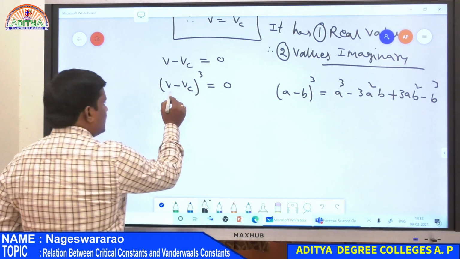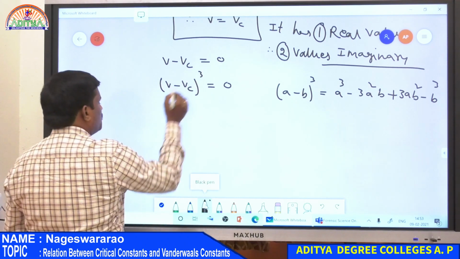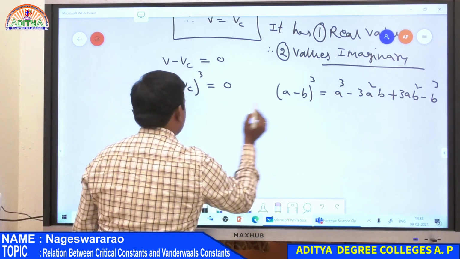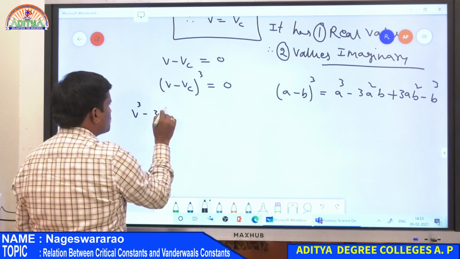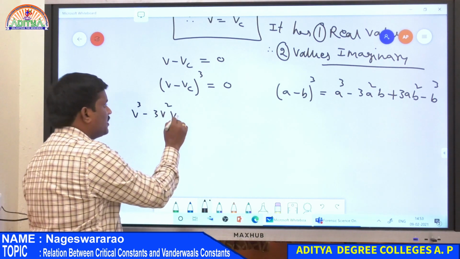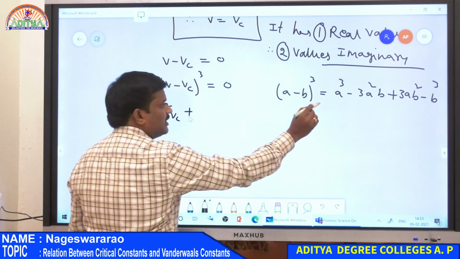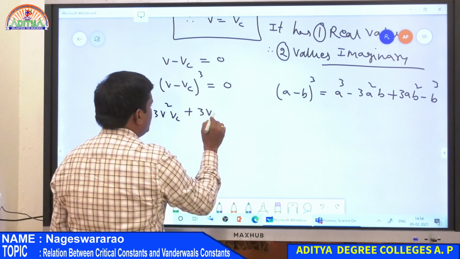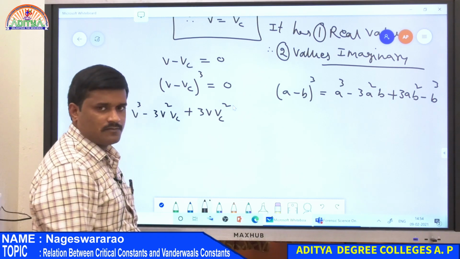here (V minus Vc) whole cube is equal to 0. Therefore, the first term is V cube, similarly A cube. Then minus 3A square B, that is 3 into V square into Vc, plus 3AB square, that is 3 into V into Vc square.